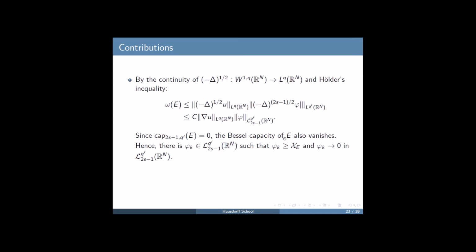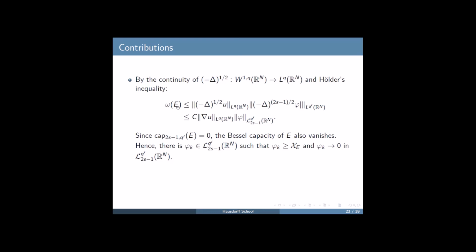So the Bessel capacity is 0. So that means that you can find a sequence of functions in this space. I didn't define this space, but it's just a Bessel space. So that these functions are greater or equal than the characteristic function of the set E, and they go to 0 in the norm of this space.